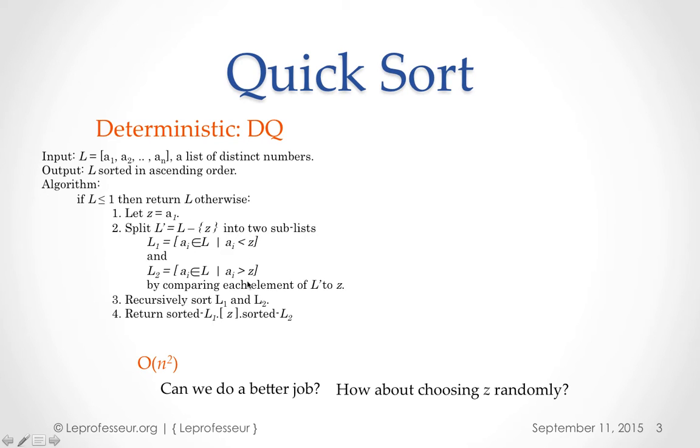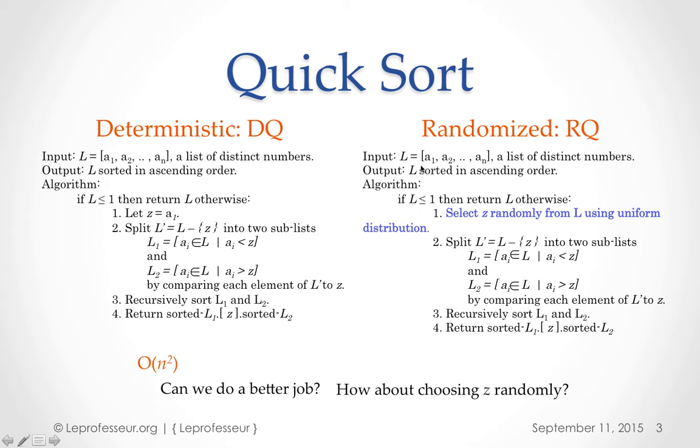Good. So let's see whether this can improve. It's a simple difference. Everything is the same as your deterministic quicksort algorithm, except instead of fixing your z, which is a pivot element for comparison, you are now randomly choosing z from list L. Because you are randomly choosing, what kind of distribution are you going to use?